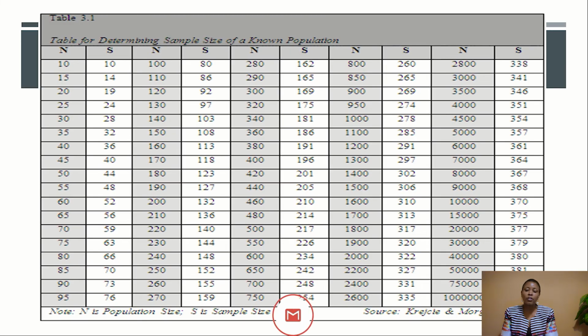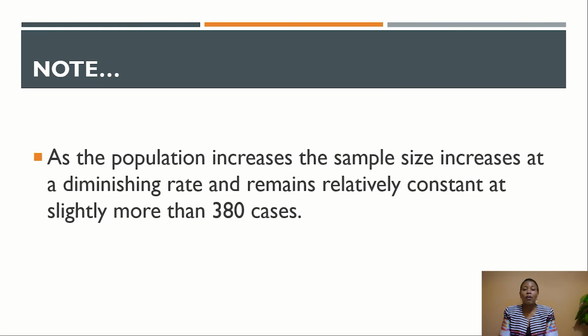When the population is 1900, then the sample size should be 320, etc. From the table, we can see that as the population increases, the sample size increases at a diminishing rate and remains relatively constant at slightly more than 380 cases.